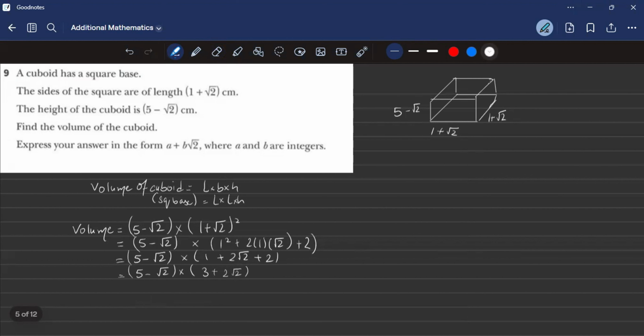So we have got, so we are going to use the FOIL method right now. This is now simple. 5 times 3 is 15, is the first value. Outer value is 5 times 2 is 10 under root 2. Inner value is minus 3 under root 2. And the last value is positive 2 multiplied by under root 2 multiplied by under root 2.